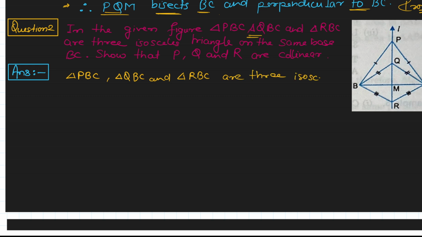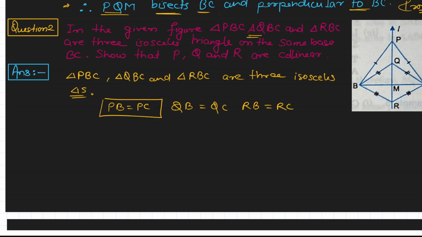These are isosceles triangles. So what we can say in this? PB equal to PC, QB equal to QC and RB equal to RC.